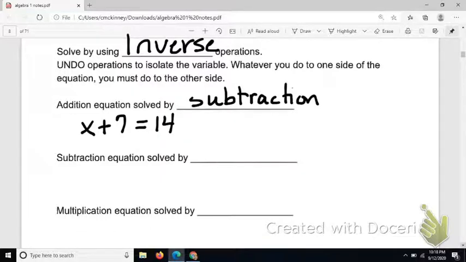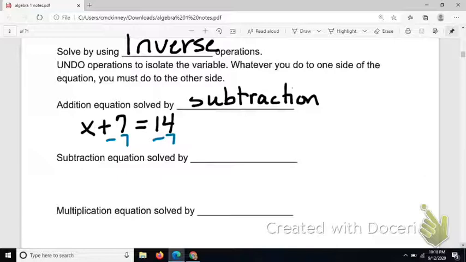So to undo this plus 7, we do minus 7. And whatever we do to one side, we must do to the other side.